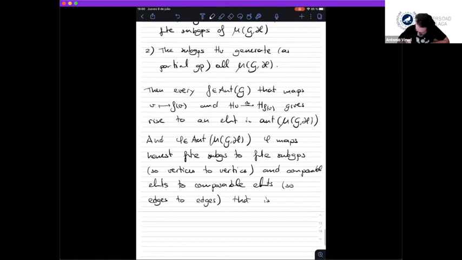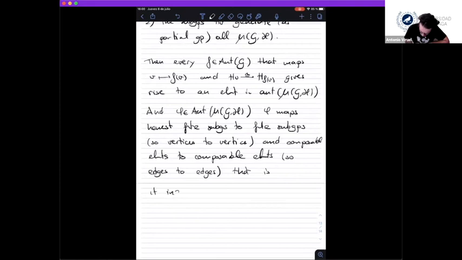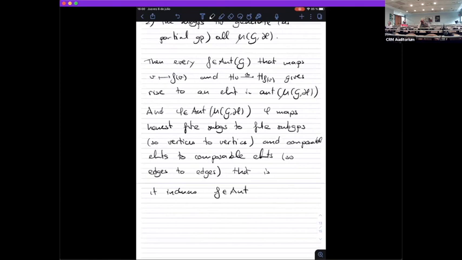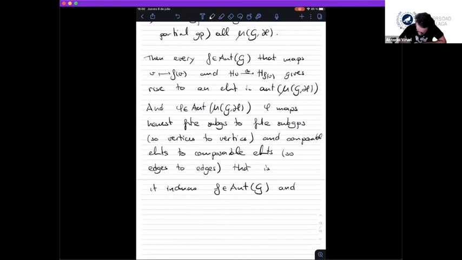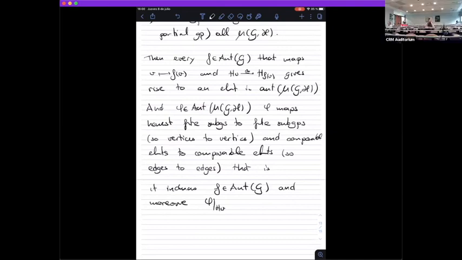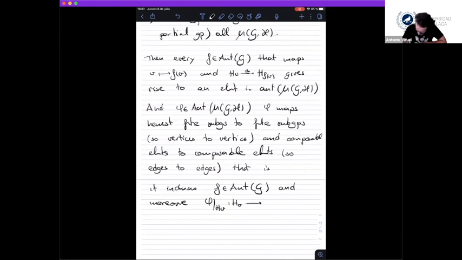That is, it induces some F an automorphism of the graph we start with, and moreover, restricted to one of those honest groups it should be an isomorphism to this vertex.